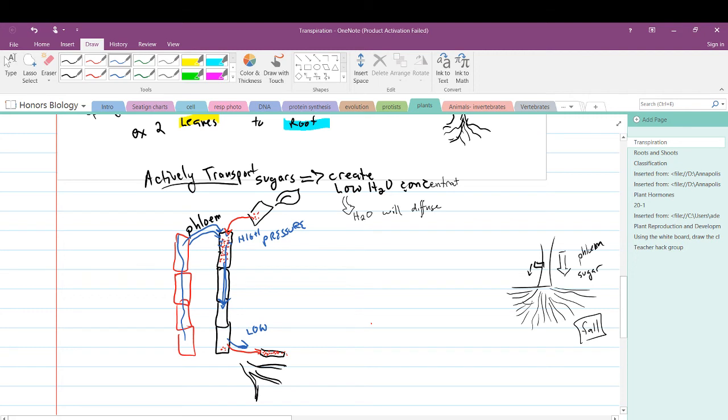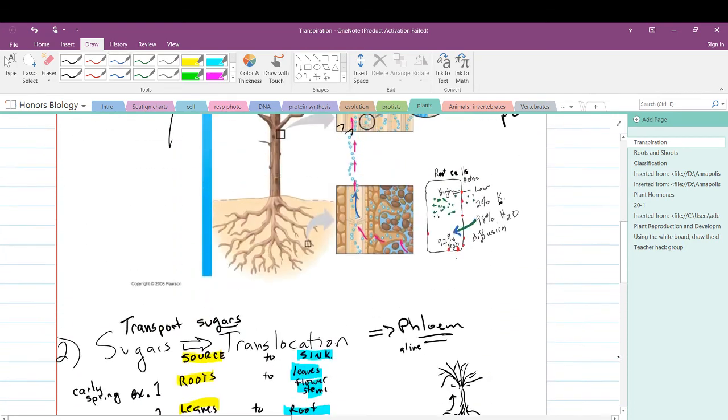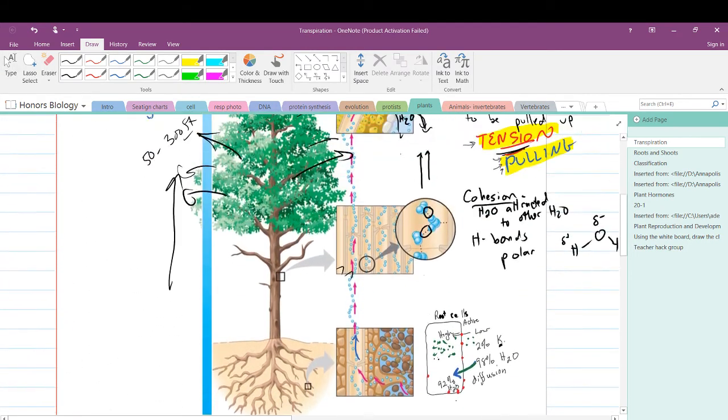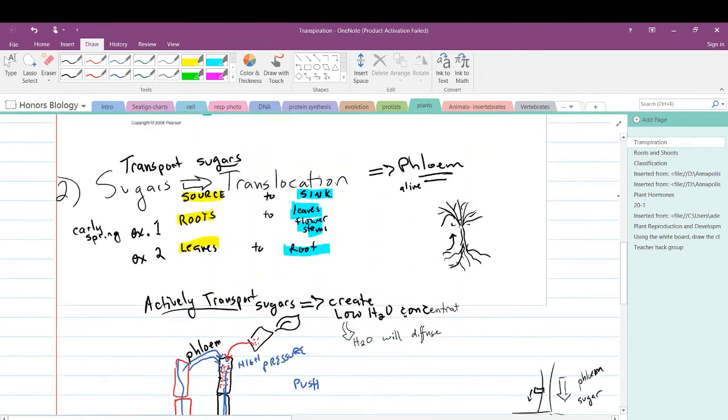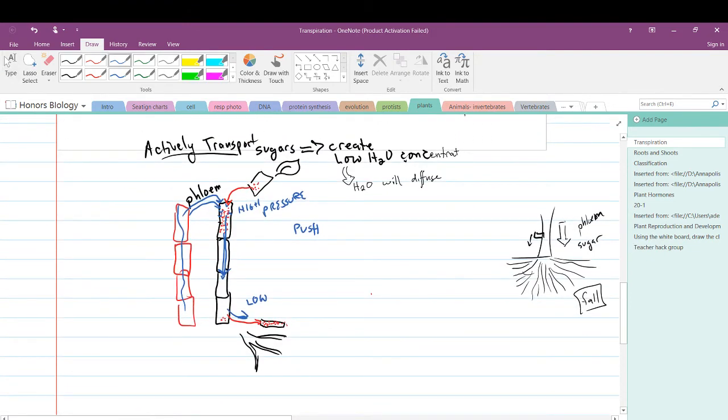And so it's going to push. So this is now a push or a force to move the sugars, whereas up here, this was a tension, a pulling, like a rubber band, in the transpiration. So down here, we're going to move the sugars by almost flushing them, if you will, and transporting them from place to place by manipulating where they are, and then letting the water do the work.